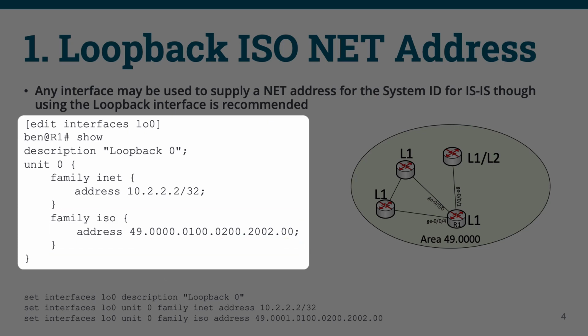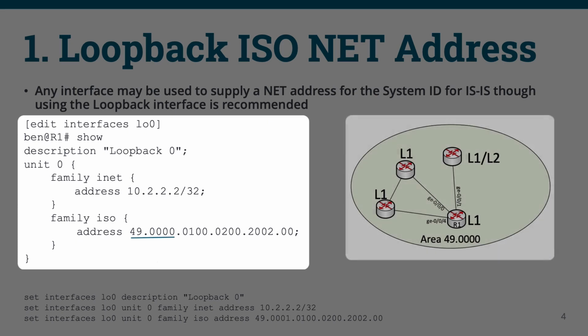Unlike OSPF, where the area configuration is done at the OSPF protocol configuration, with ISIS, the area is defined in the ISO address. The first two sections of the address here define the area, as illustrated in the diagram to the right as well. We are configuring R1, which is shown at the bottom of the diagram.